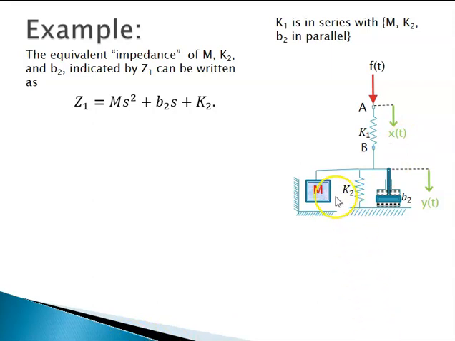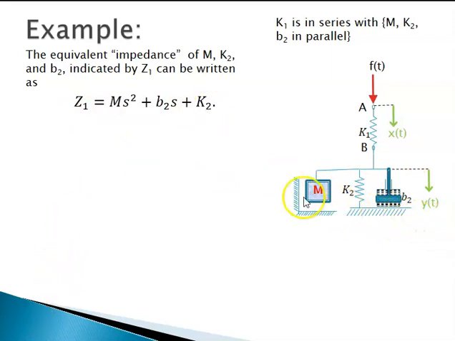We have seen that each M contributes ms square, each damper contributes bs, each spring contributes K2. That is, the net impedance of these three put together is ms square plus b2s plus K2, because these three are in parallel. If these are in parallel, they simply add up.